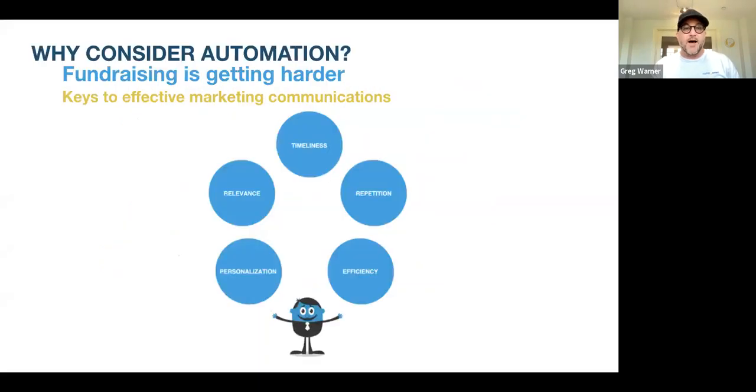It's fine. Automation is great because it can help you focus on the keys to effective marketing, which are personalization and relevance and timeliness, sometimes repetition as long as it's gentle, and growing efficiency so that you're not typing emails all the time and such.